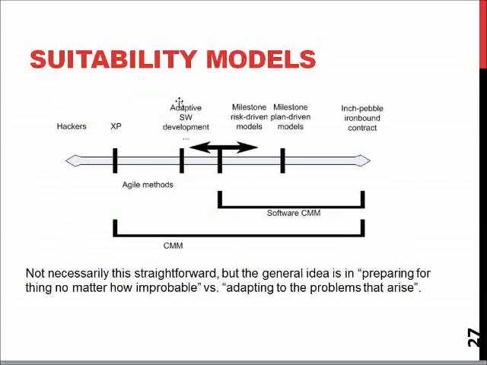There are also adaptive software development models such as SCRUM, the milestone risk-driven models or plan-driven models, more or less something like the Rational Unified Process, and the inch-pebble iron-bound contract, which is something that reflects the deals that governments or the military tend to make.